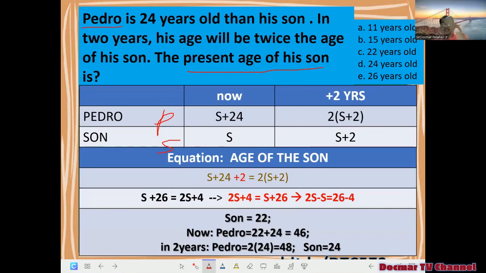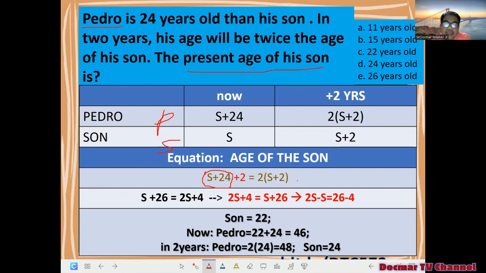So what is being asked in our equation is the age of the son that we will get, and the age of Pedro, the father. So S plus 24 plus 2 equals twice the age of his son.